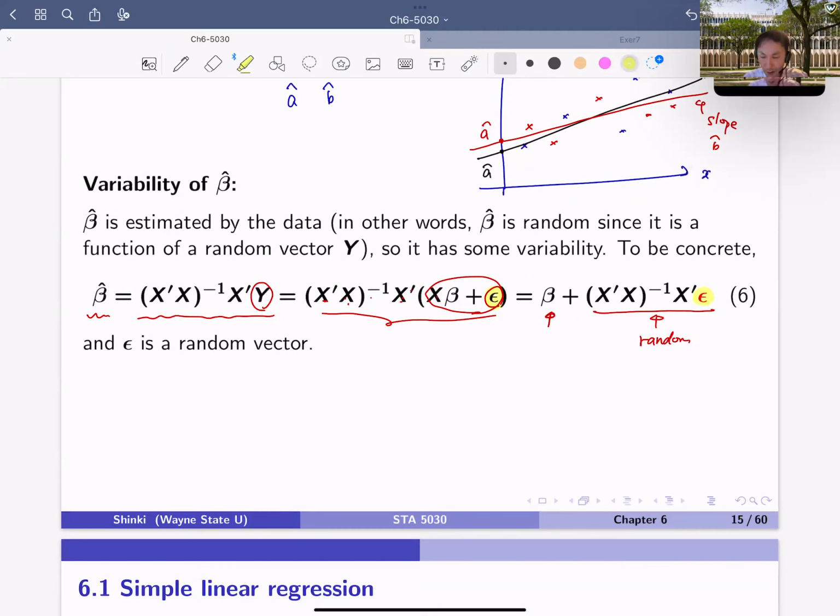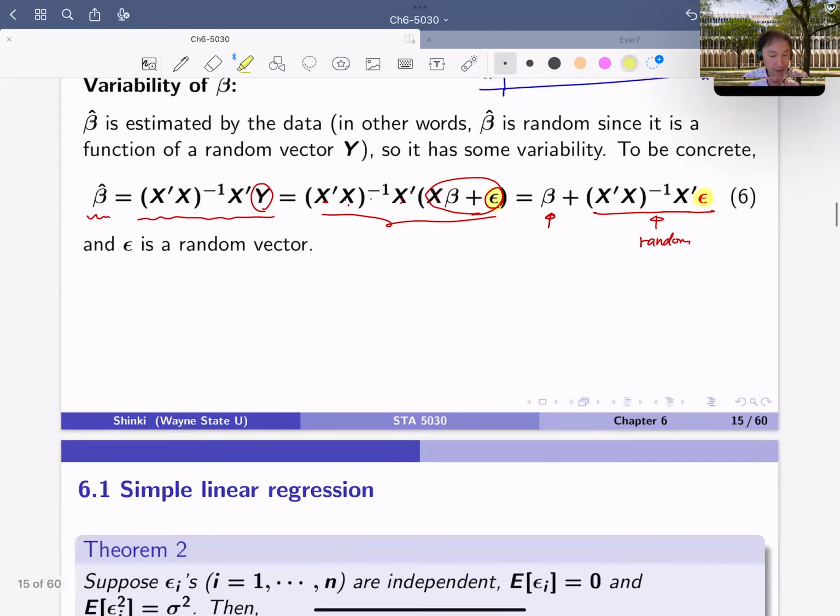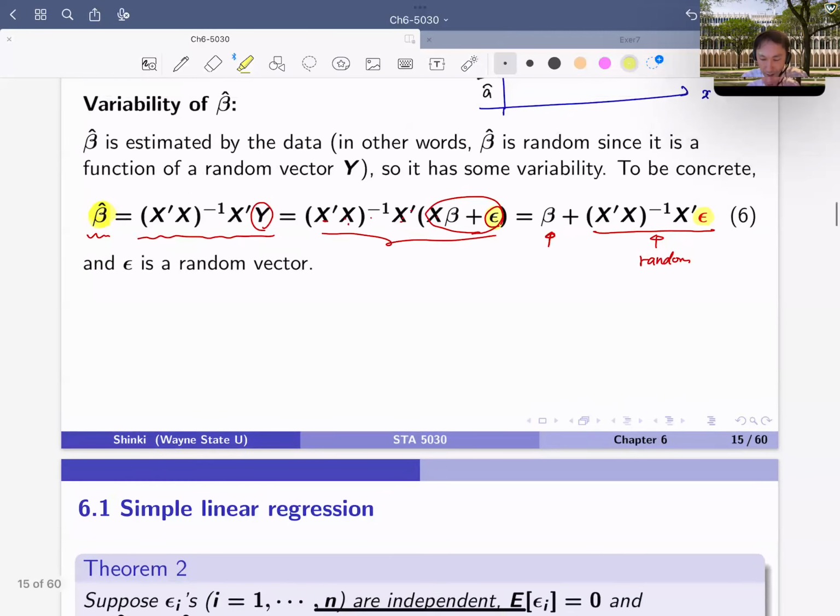The beta is the true parameter. So the true parameter plus some kind of noise caused by epsilon. So that is the probabilistic interpretation of beta hat. So we want to see how this beta hat behaves, how epsilon affects the estimated a and b. So this beta is actually the exact pair of a and b, but we have some disturbance here.